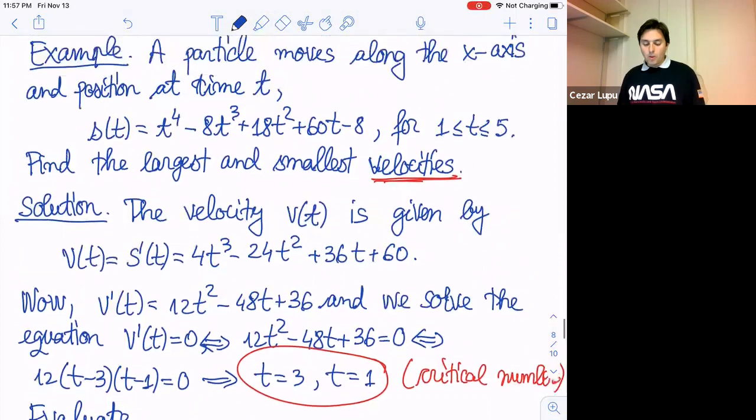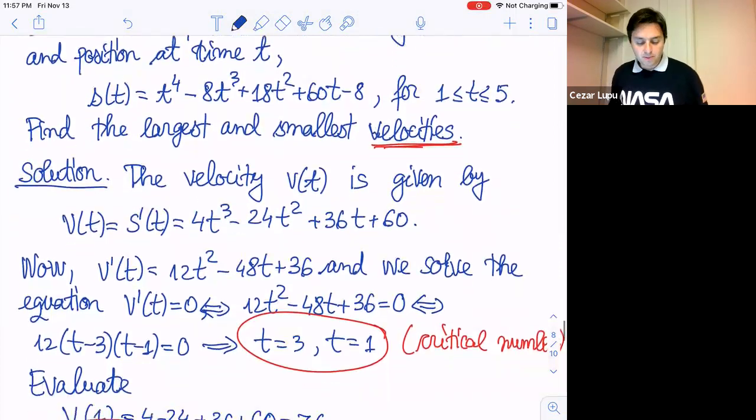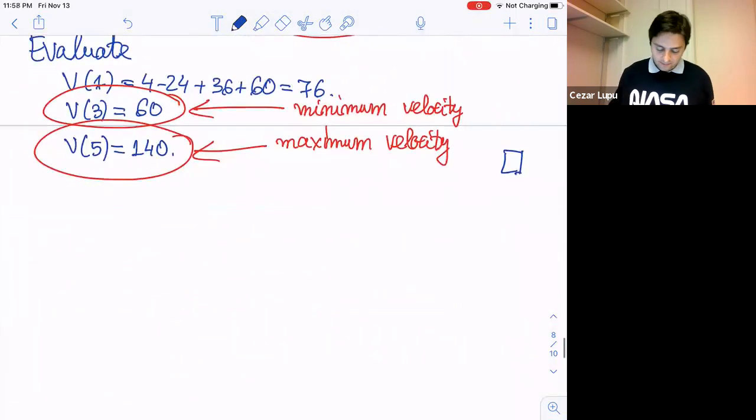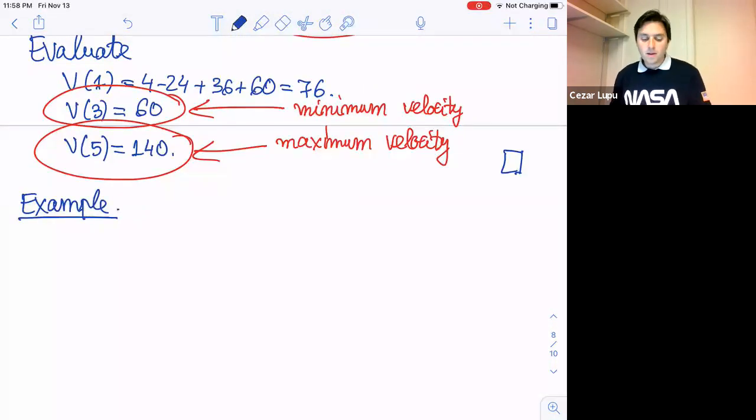All right, now I would like to give another example, a real world example. And this time we'll talk about a box. And the statement is the following.